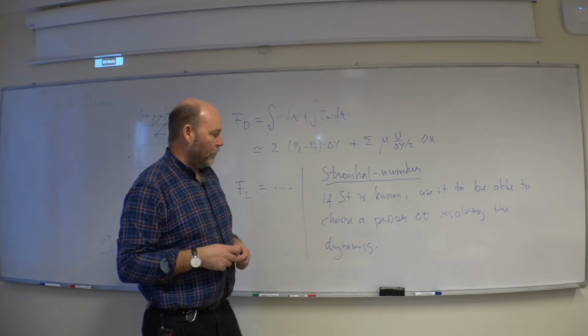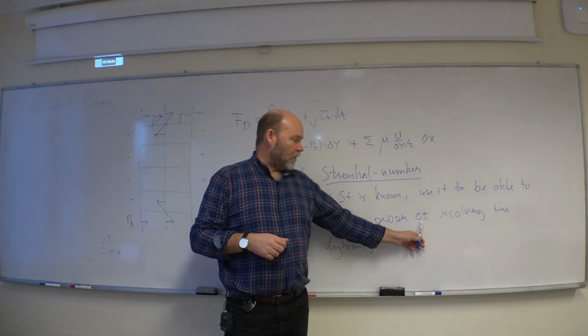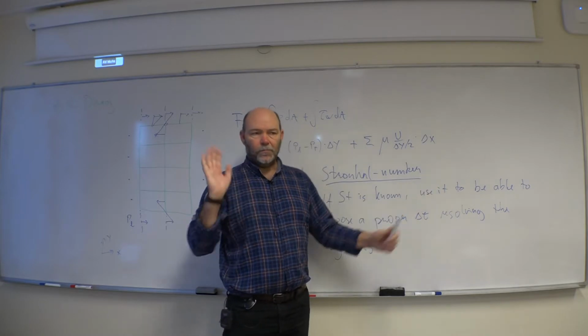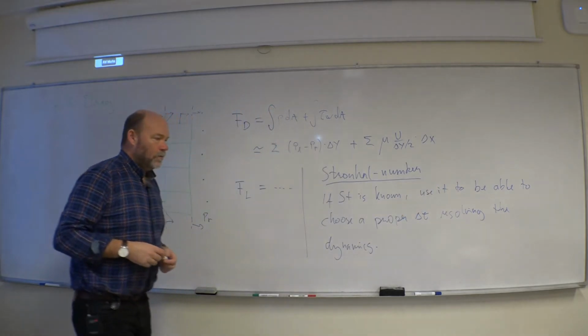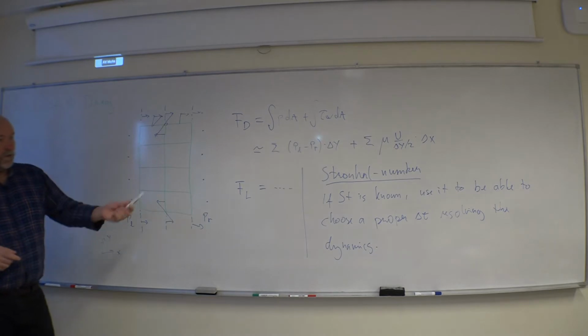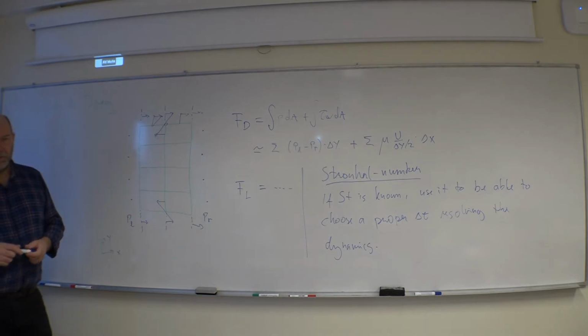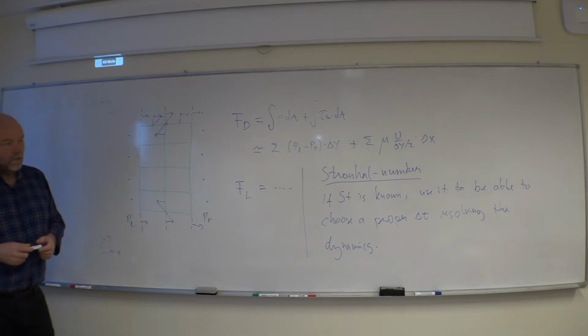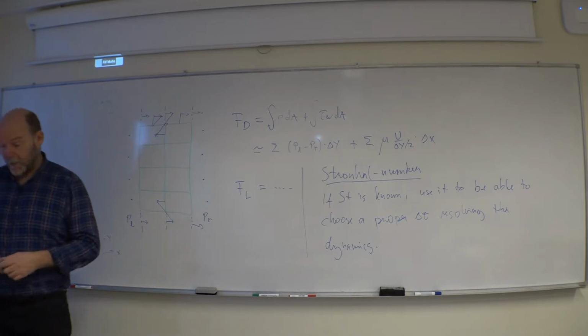If you're unfortunate and choose a time step bigger than 1 period, you don't see it at all. It will be filtered away. Using an implicit code, for instance, you could have chosen a very big delta t and then nothing will happen. Or if something is going to happen, then it's going to be dead wrong. So resolving the dynamics, that's the whole point here.